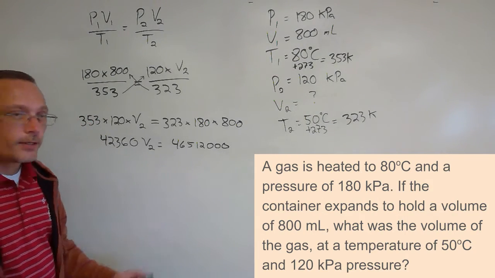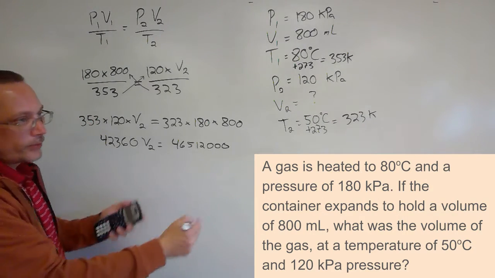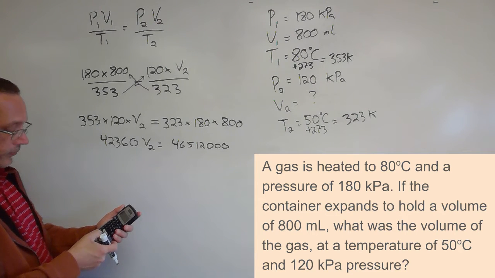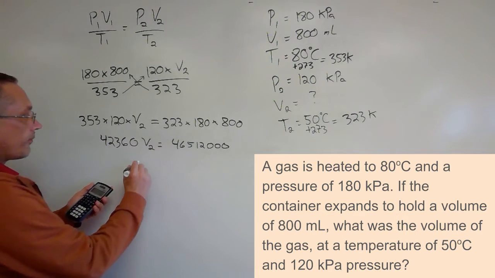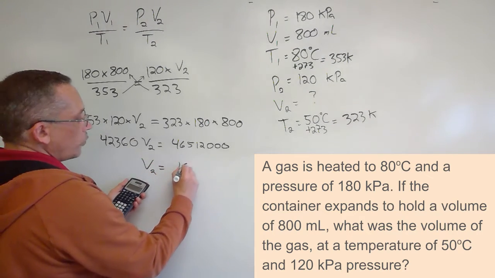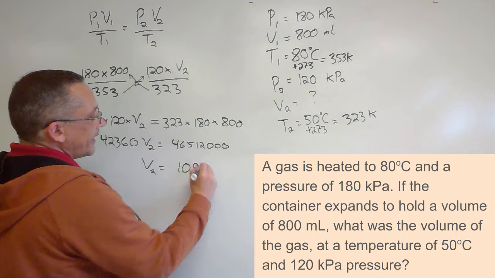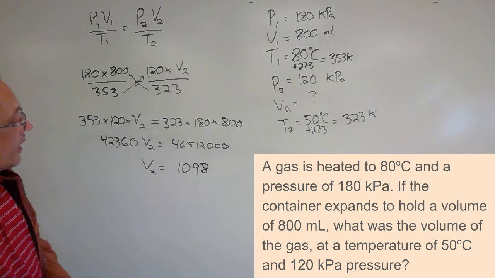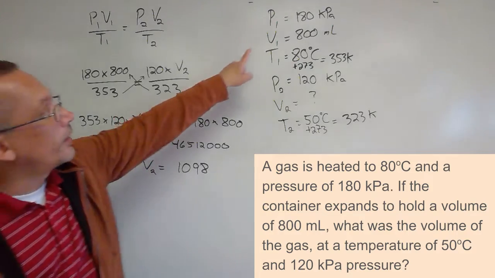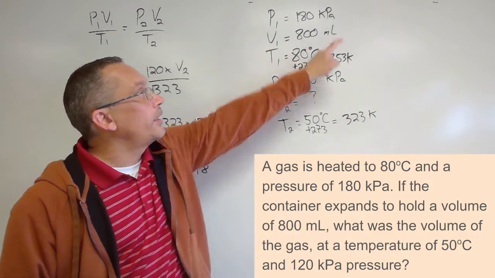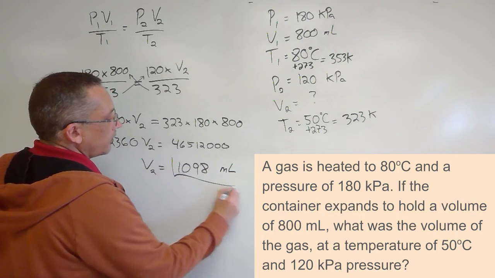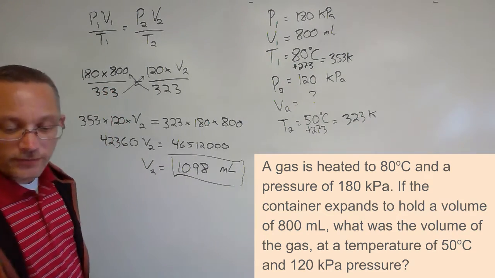Then just like every other problem, I'm going to divide to solve the equation. So I'm going to divide by 42360. So V2 equals 1098. That is a volume, so it should have the same units as the other volume. The other volume was in milliliters, so this is in milliliters.